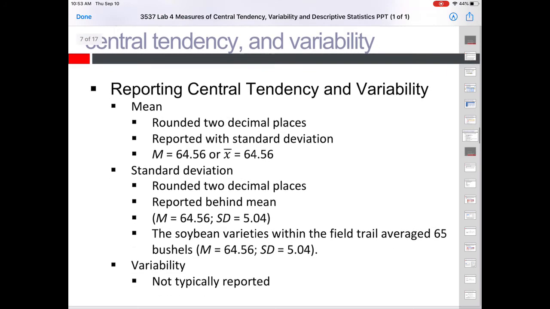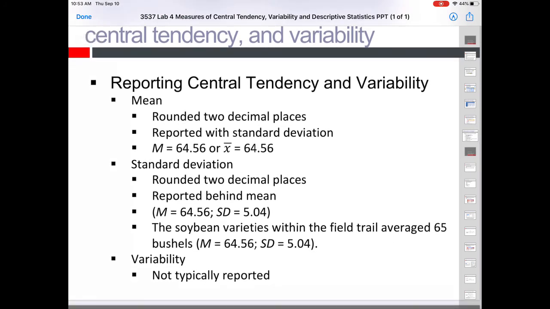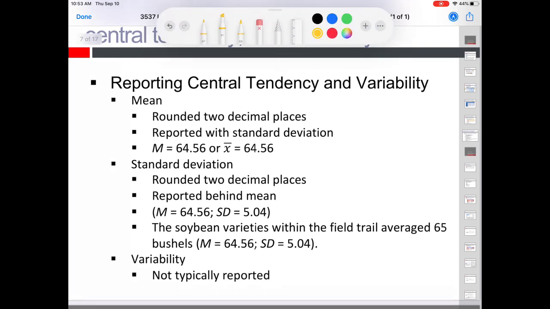When you're reporting mean, you'll notice that mean is always reported with standard deviation. You'll report your mean to 2 decimal places. If you're talking about a population mean, you're going to use the large italicized M. If you're reporting your sample mean, which is what you're most often going to be doing in lab, you will use X bar for the sample mean.